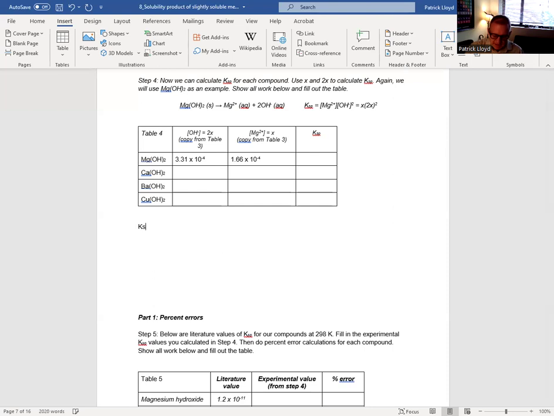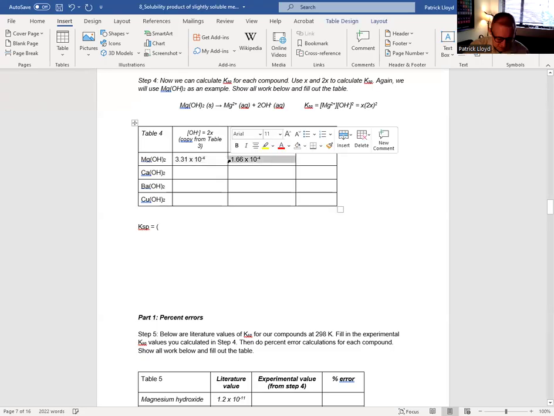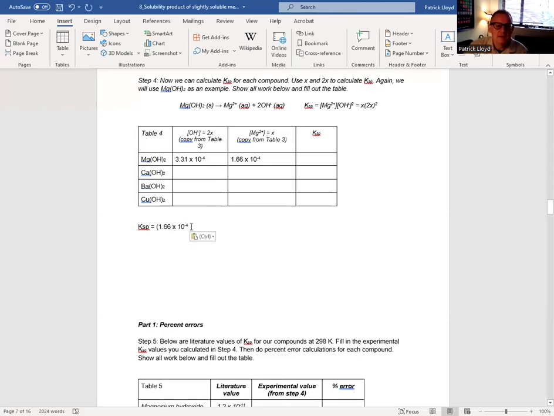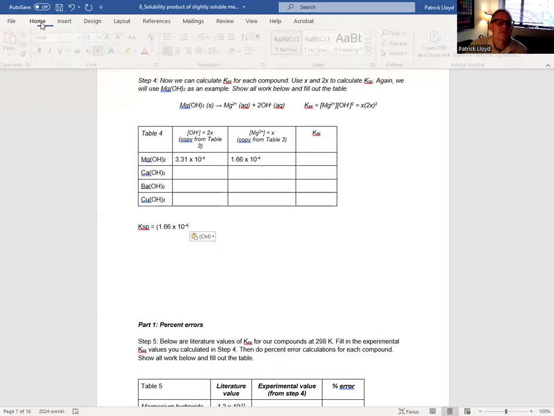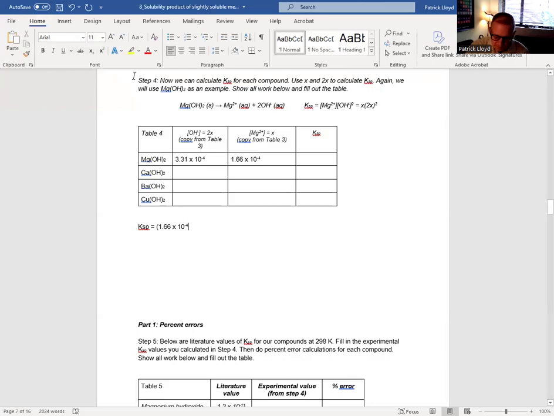Okay. So KSP equals concentration of hydroxide. Well, let's put the magnesium first. So magnesium concentration is right here. And then we're going to multiply that by the hydroxide concentration.